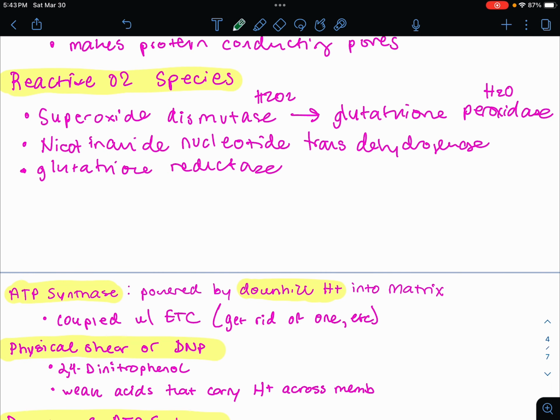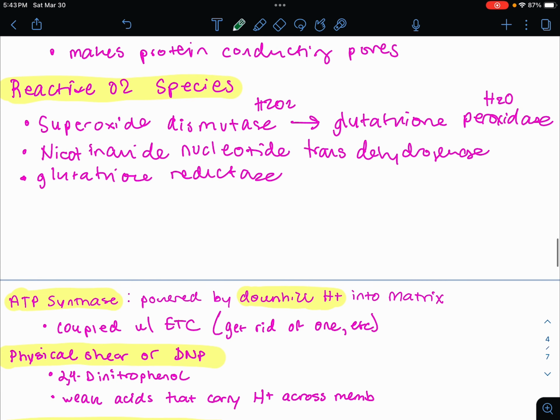Okay, let's talk about reactive oxygen species, which are generated during oxidative phosphorylation. We have superoxide dismutase as an enzyme. This is going to convert superoxide, which is O2 minus. Superoxide dismutase will turn that O2 minus into H2O2 as well as O2.